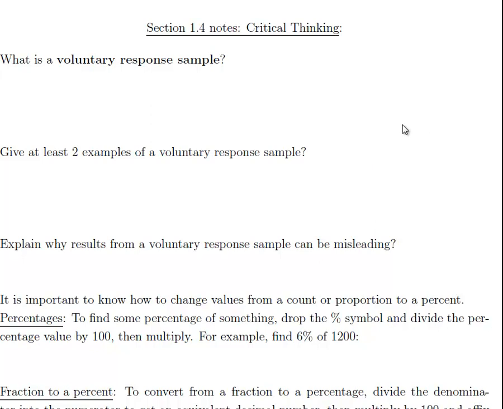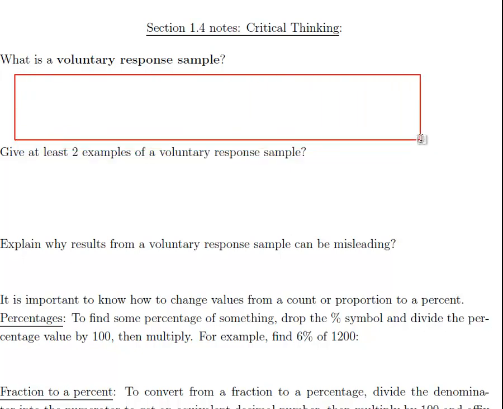Section 1.4 deals with voluntary response samples, and it also goes over how to change percentages to proportions. So we'll start with the definition of a voluntary response sample. A voluntary response sample is one in which the people participating actually choose to participate.